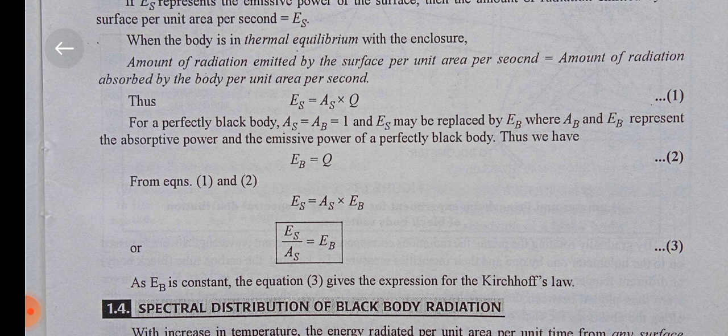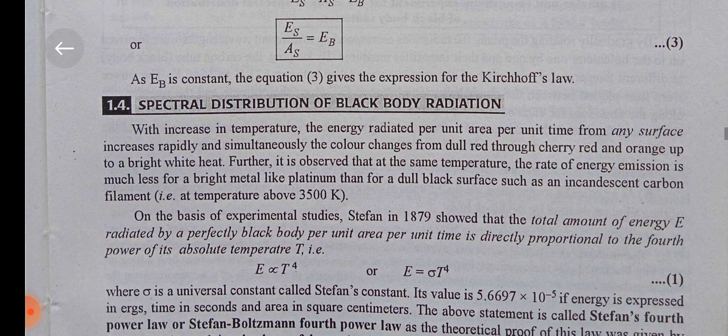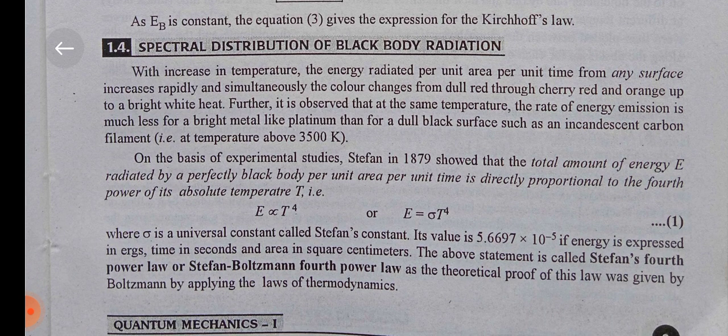Thus, we have EB is equal to Q, then ES is equal to AS into EB, or we can also say that ES by AS is equal to EB, where EB is constant, and this equation gives the expression for Kirchhoff's law. Spectral distribution of black body radiation.